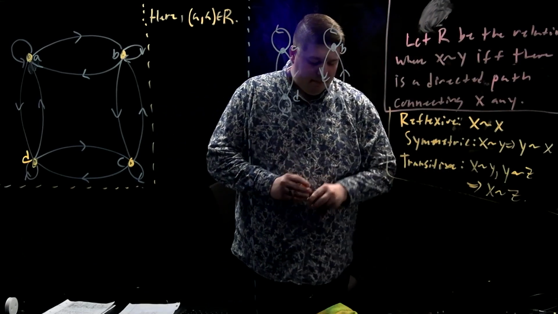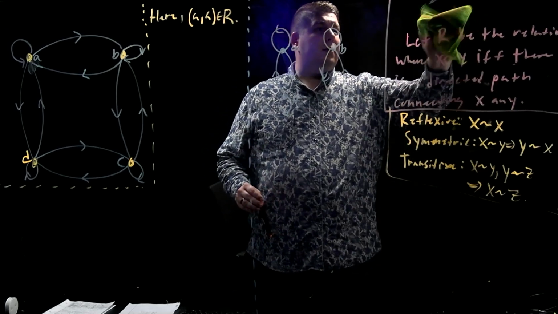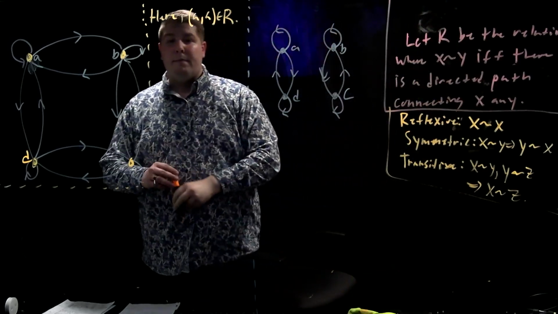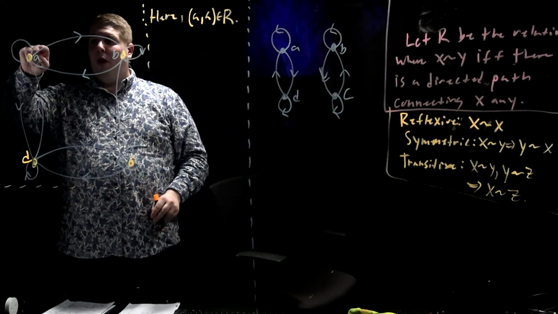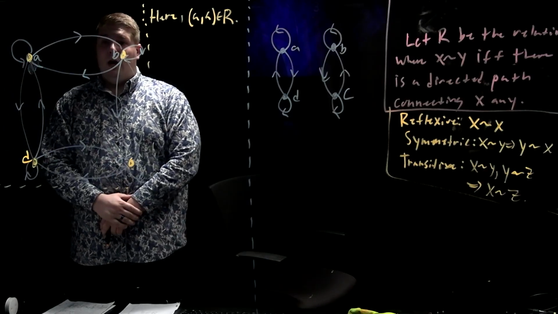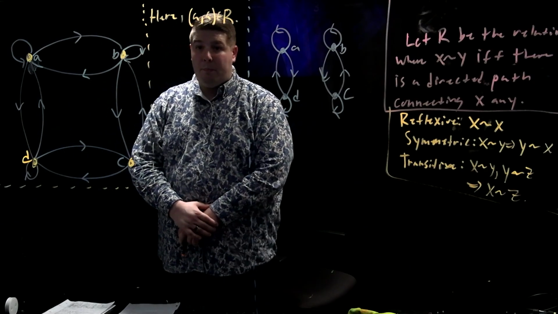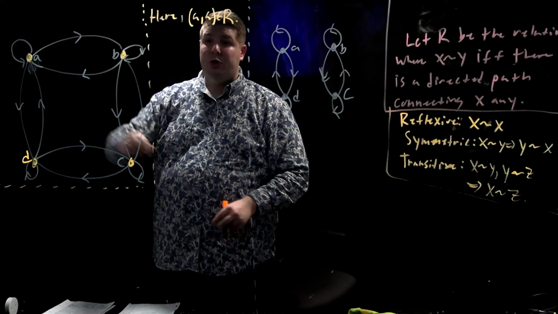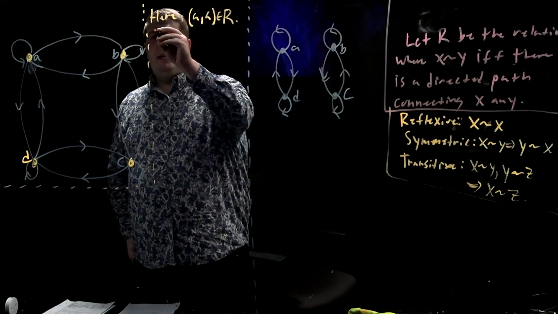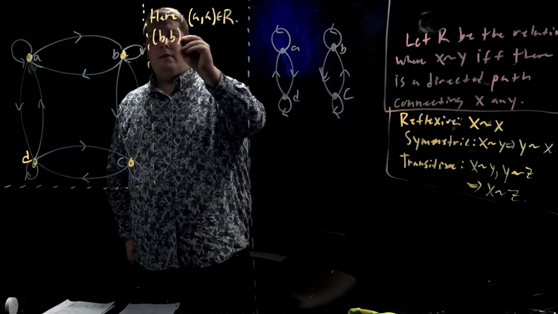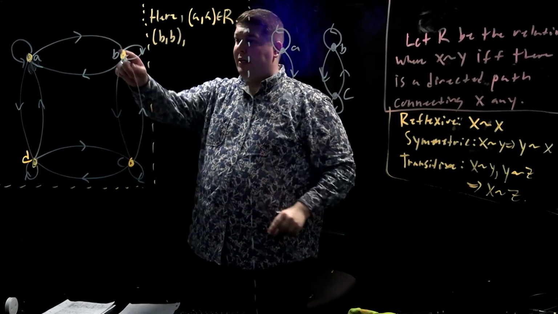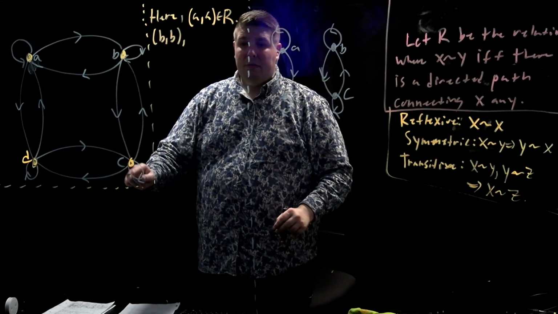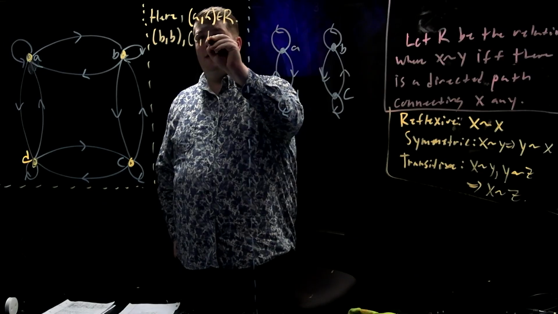So we see that A is in the relation. Why? Because A relates to itself, right? It loops back to itself. There's a path from A to A. Well, that also means that BB, what else? B relates to itself. C relates to itself, so CC.